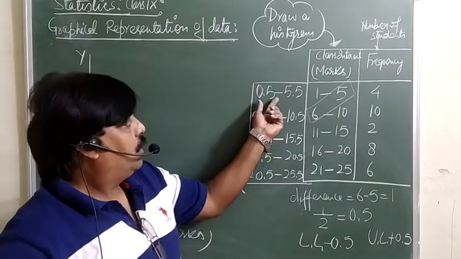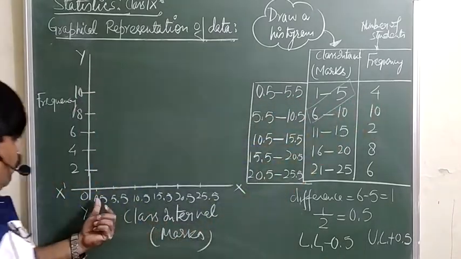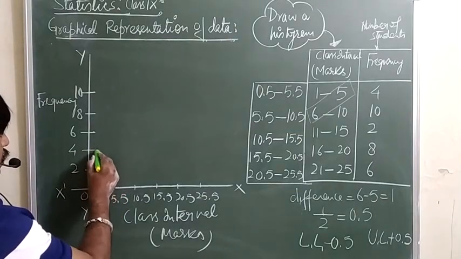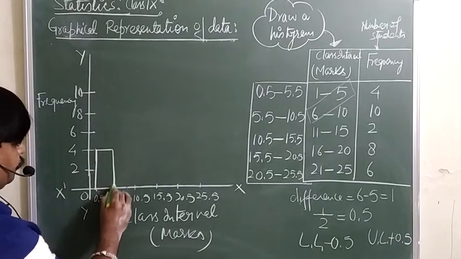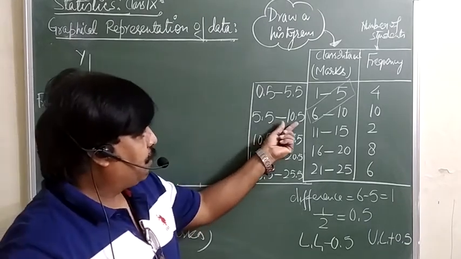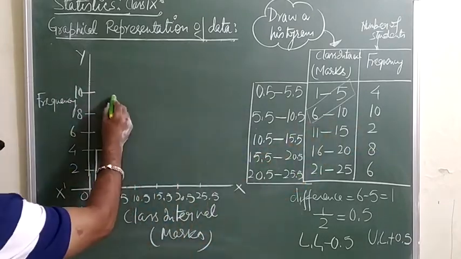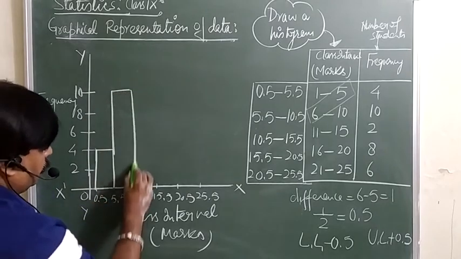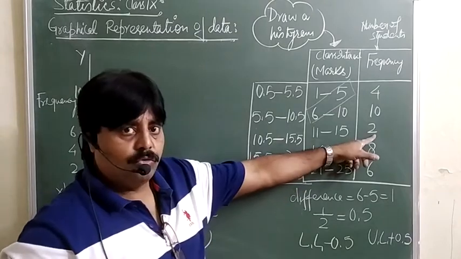See, now 0.5 to 5.5 is 4. So for 0.5 to 5.5 we are supposed to make the bar, the rectangle, here, like this. Similarly 5.5 to 10.5 is 10. So here. Then 10.5 to 15.5 is 2.